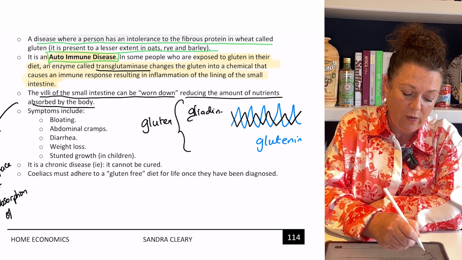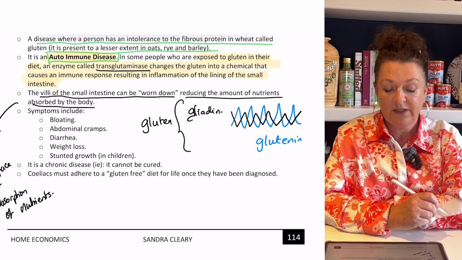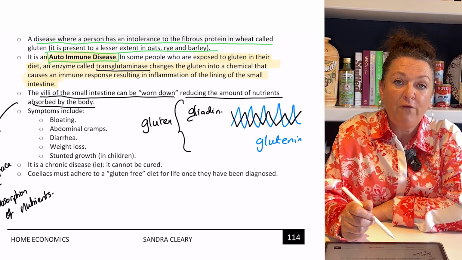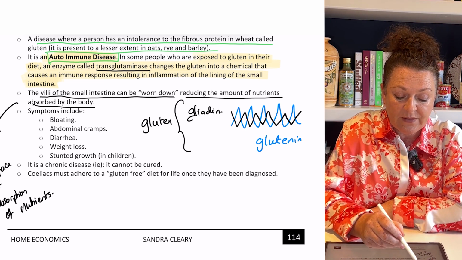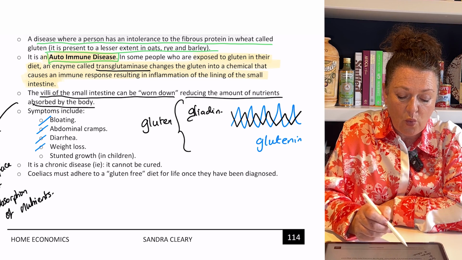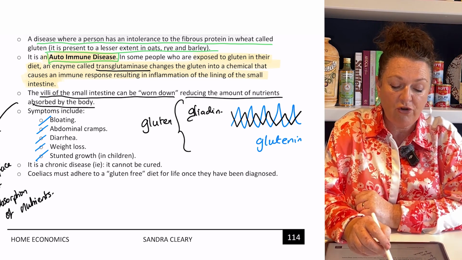So that's one thing, but it is the key area of the body that's going to be affected if you have celiac disease. Then I would know at least 4 other symptoms, like bloating, abdominal cramp, diarrhea, weight loss, and, like we said, stunted growth in children.